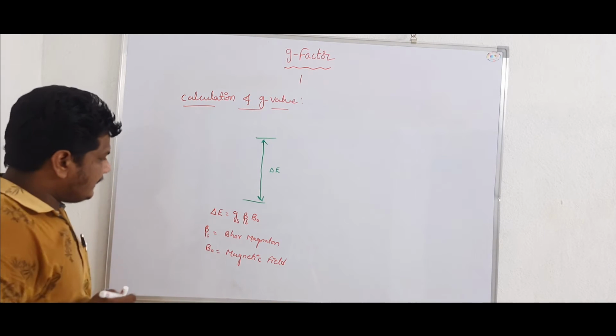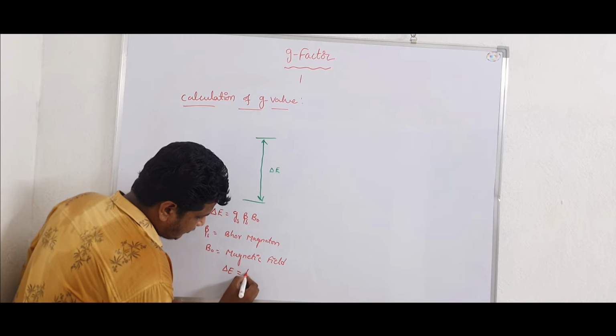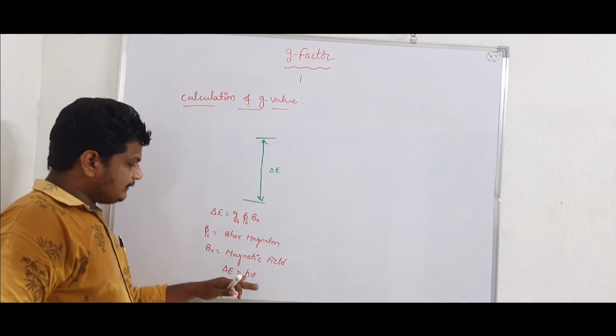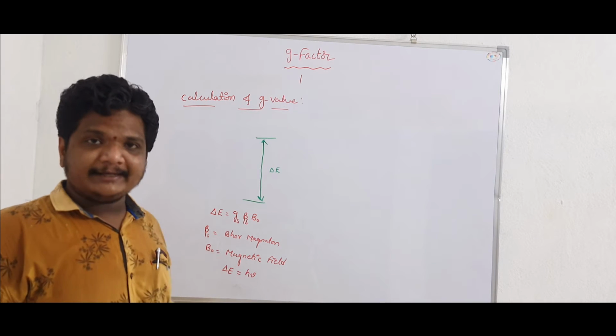Also, delta E is equal to h mu, where h is the Planck constant and mu is the frequency of the electromagnetic radiation.